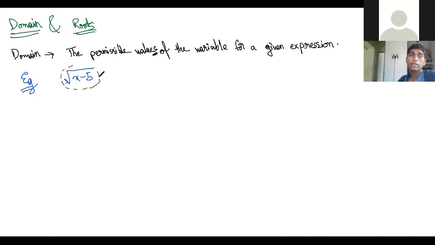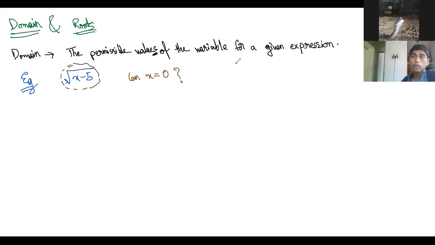What are the values of x which are permitted for this? Sir, 6. Okay. Can x be equal to 0? Can x take the value 0? No, sir. Why not?